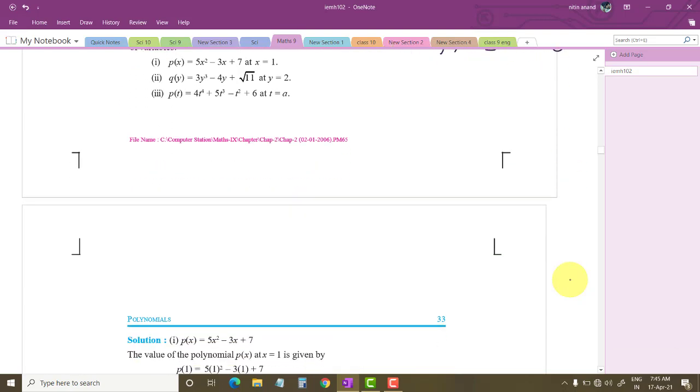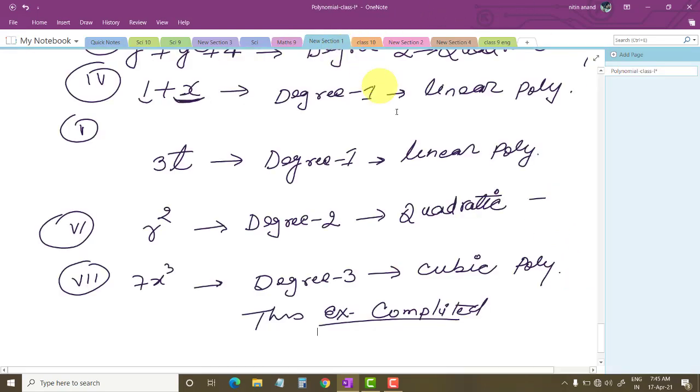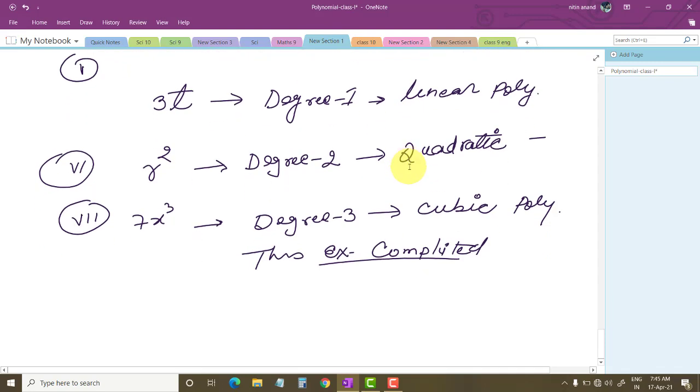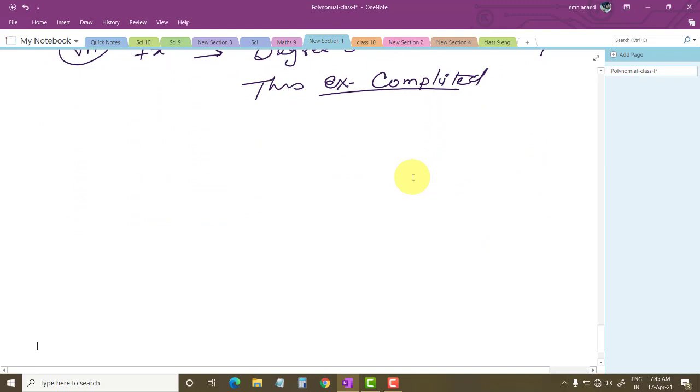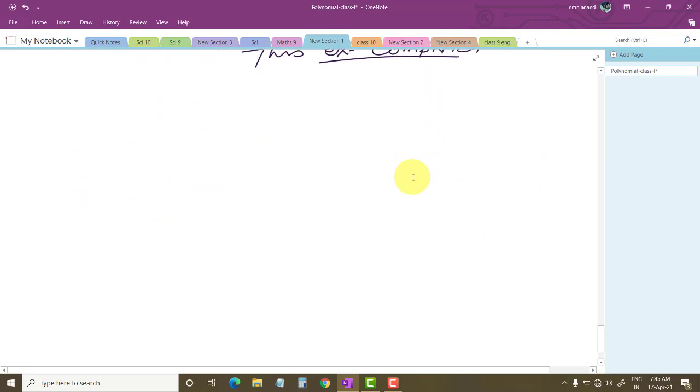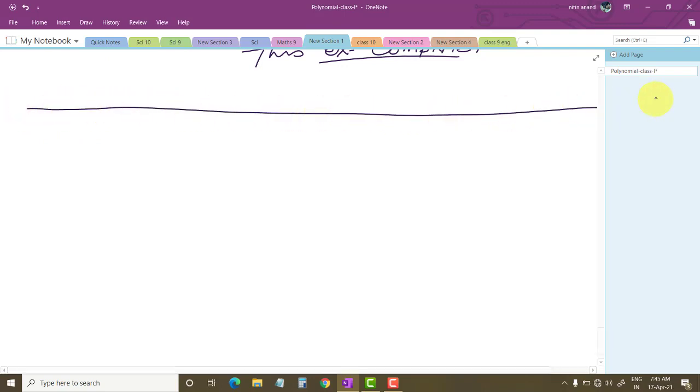Now we will see the next point. Zeros of polynomial we have seen, and after that we discuss the value of polynomial at a given point. This is our new topic, starting from here.